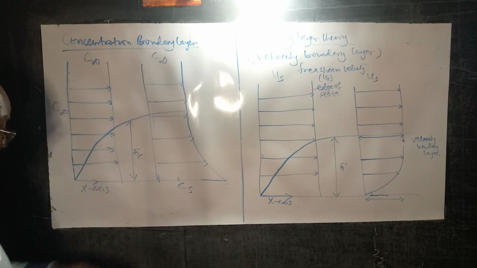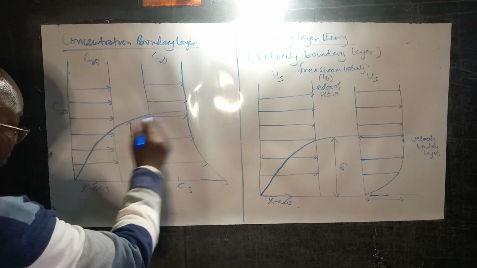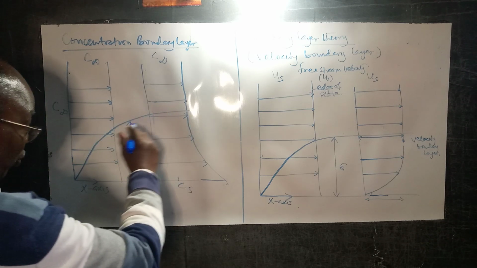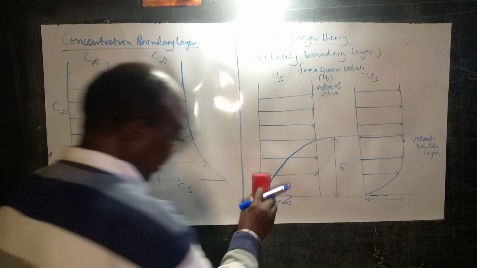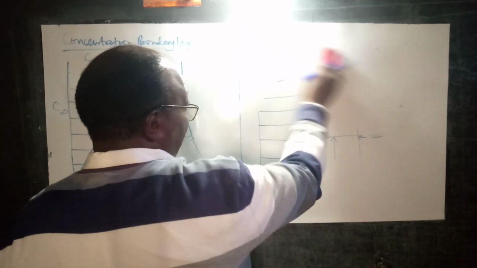So as you leave the edge of the plate, you have that concentration boundary layer forming with thickness sigma c.